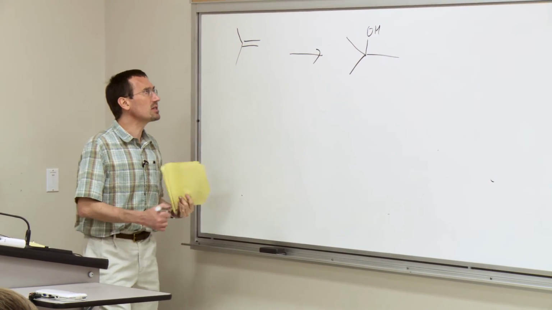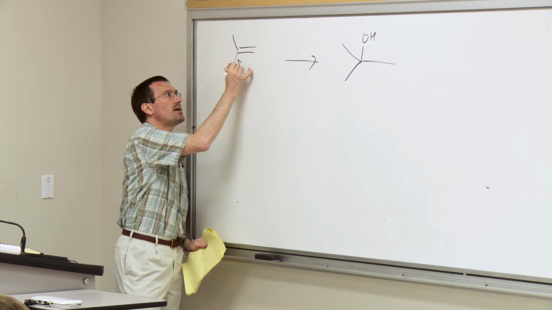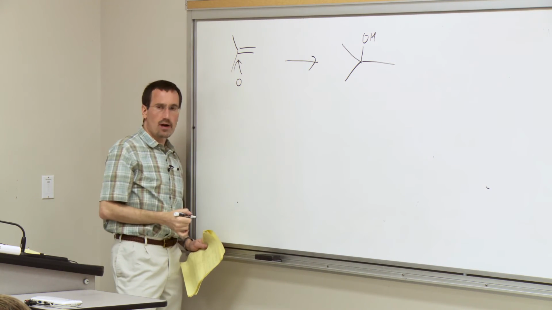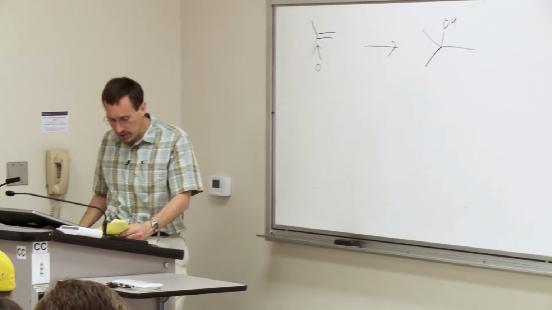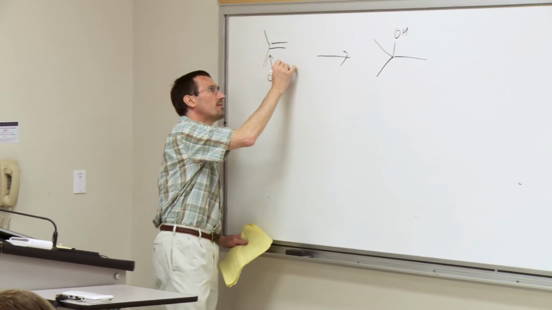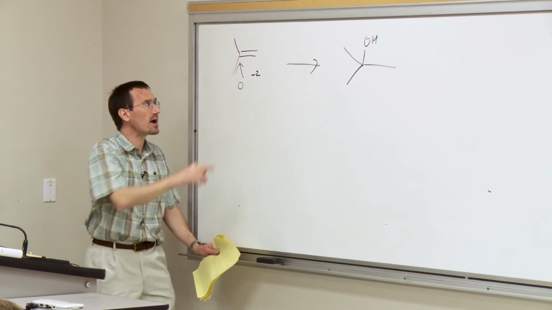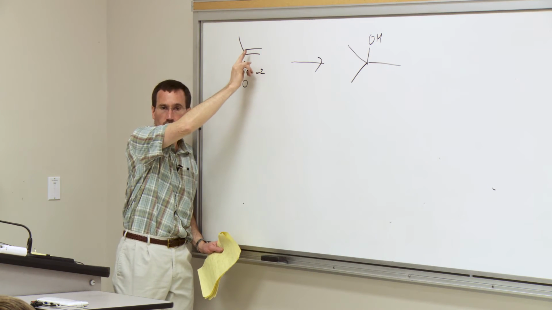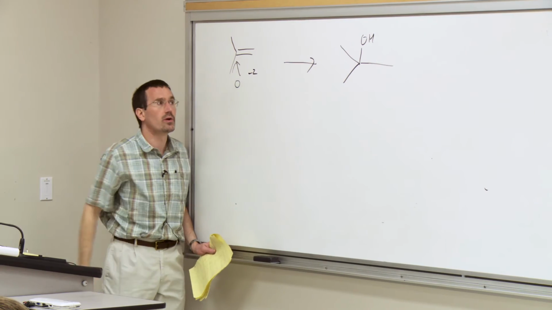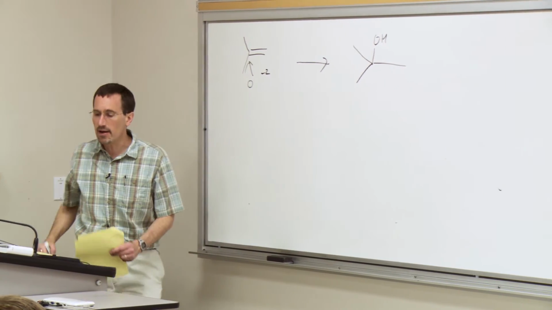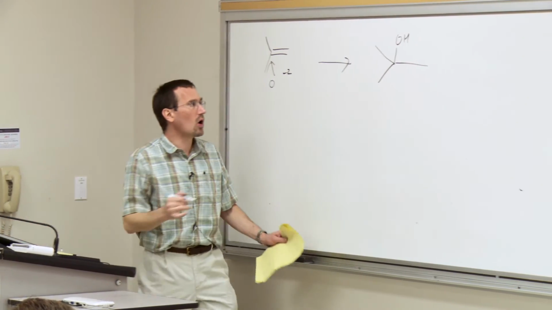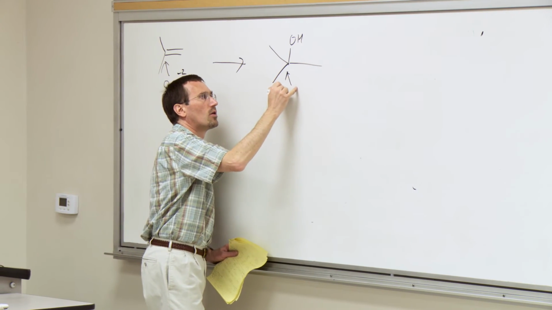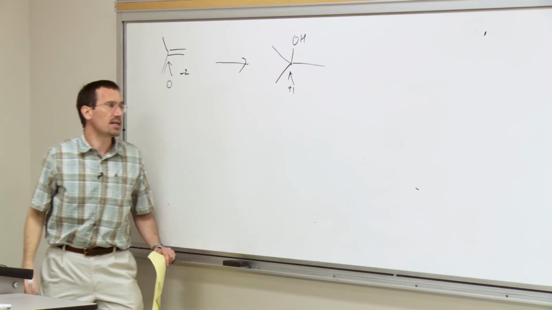Our oxidation state of the central carbon is 0. Our oxidation state of the terminal carbon is -2, right? We have 2 hydrogens attached to it, so that's -2, and then 2 carbons, so that's no additional contribution. Now you come to your tertiary alcohol, and you'd say, wait a second, we've changed oxidation state.